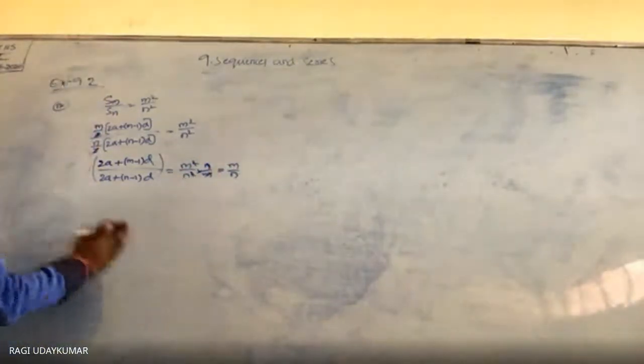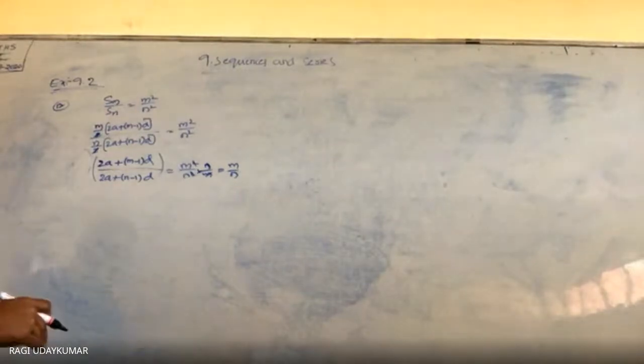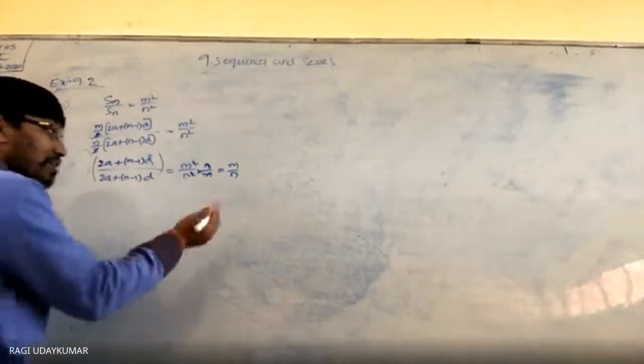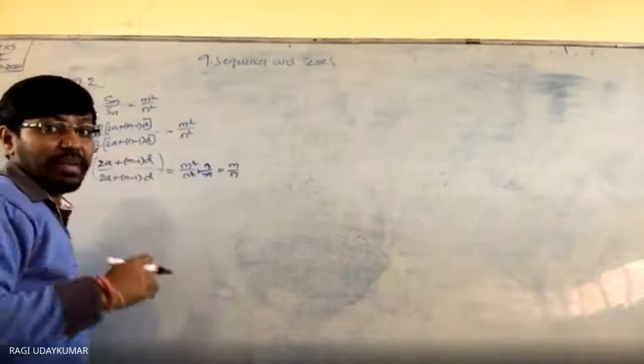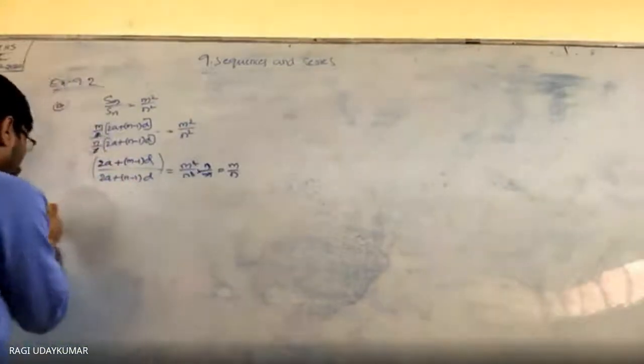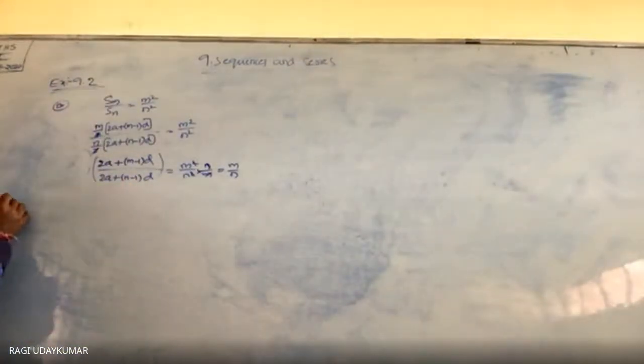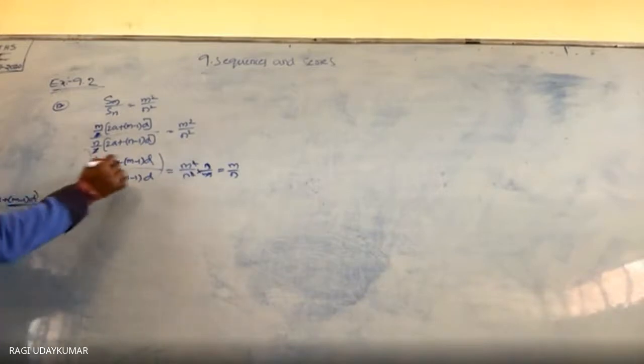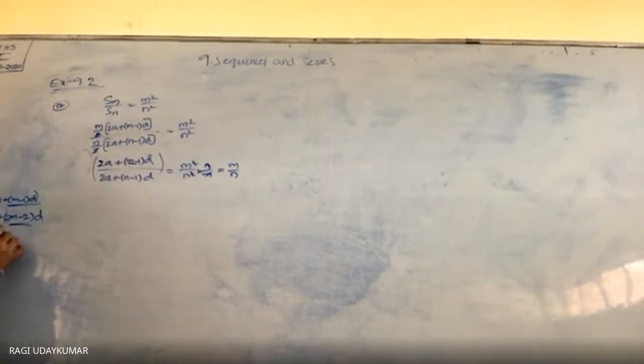Now in the previous problem, what is it asking you to find out? The m to nth term ratio is asked. The m to nth term is nothing but replacing this number, which we have replaced in the previous problem. We need the nth term. Nth term is nothing but a plus n minus 1 into d. But here we are having 2a, so multiply by 2. So what do you get here? 2a plus 2n minus 2 into d. This you write in this form, 2a plus 2n minus 1 into d.